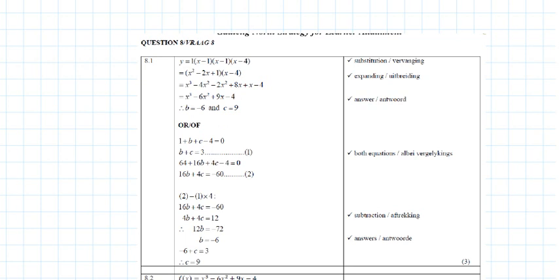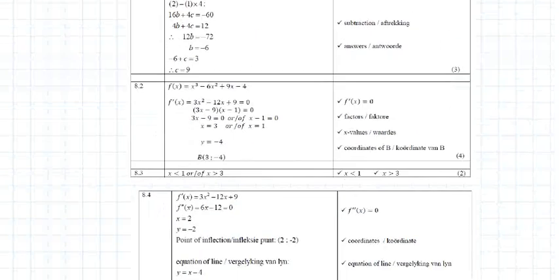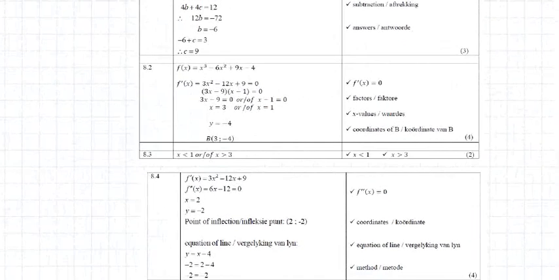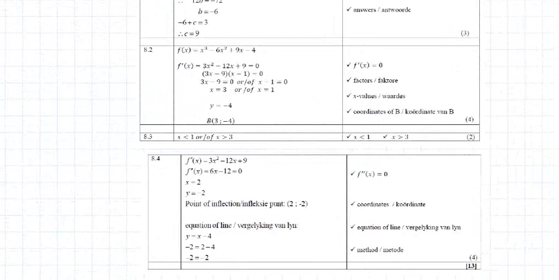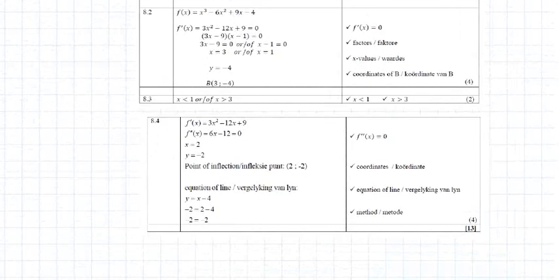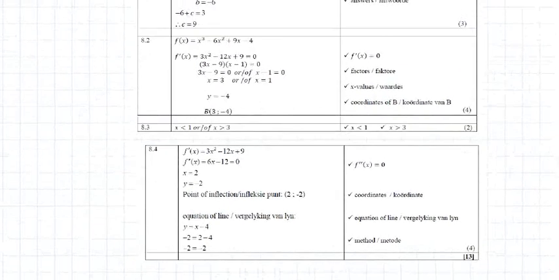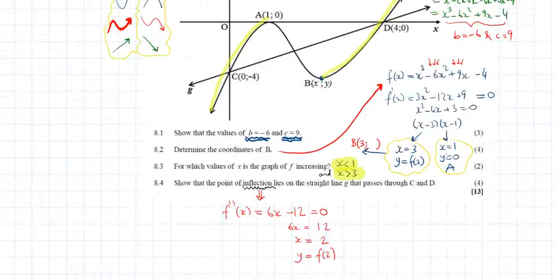Alright, and then the first derivative, so 3 gives you -4, which we didn't substitute, that's good. Less than 1 or more than 3, that's fine as well. Point of inflection, when you substitute 2 and you find the equation and substitute on the equation. Alright, so that point is -4, we can just write there.